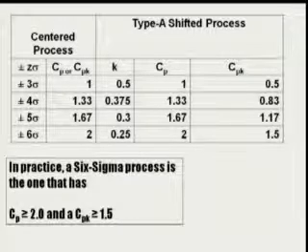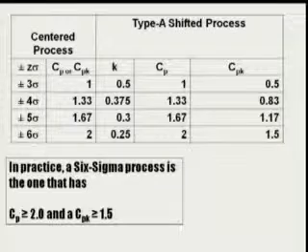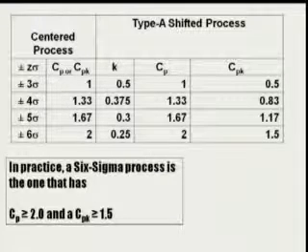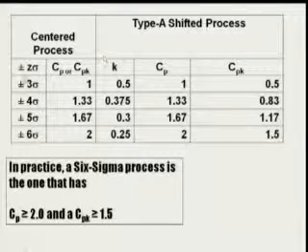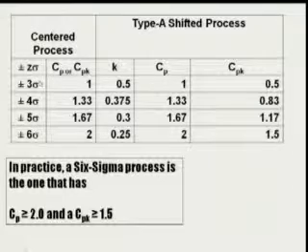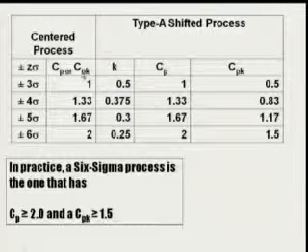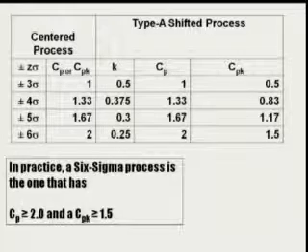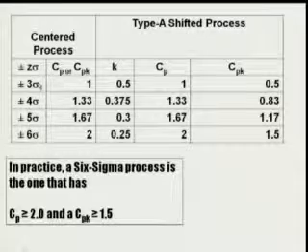We ended the last session talking about the type A and type B shift in the process, and we ended up with this slide where you can see that if the process is centered, meaning it's not deviating target-wise to the right or the left, then a 3 sigma process will have a CP of 1.